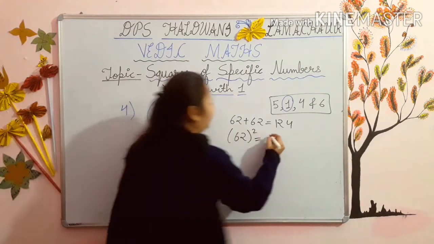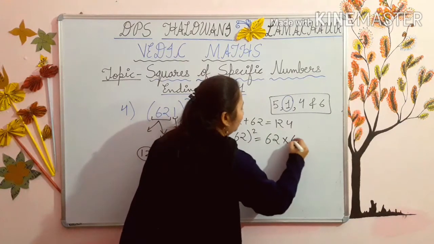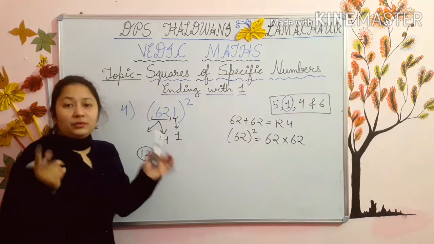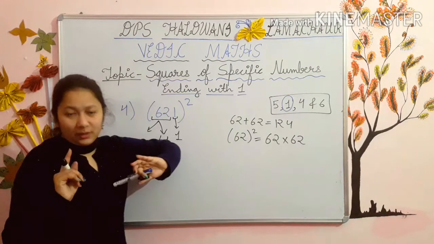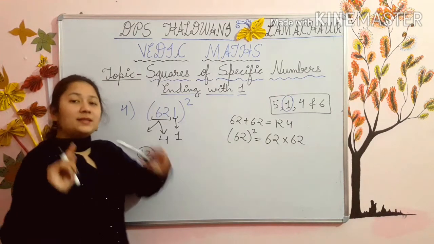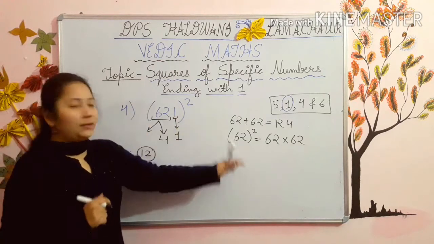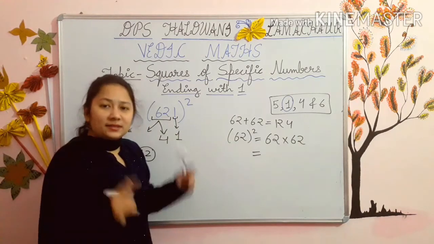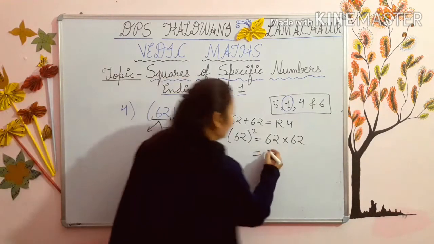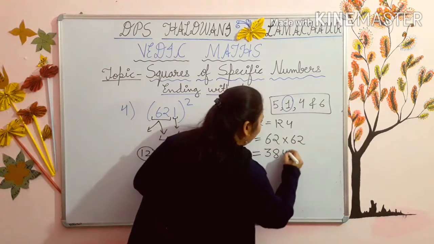So you have to multiply 62 two times. Now it's a 2-digit number, so you can use the IXI method of multiplication of 2 digits if you want to do this sum orally. Otherwise 62 into 62 is 3844.